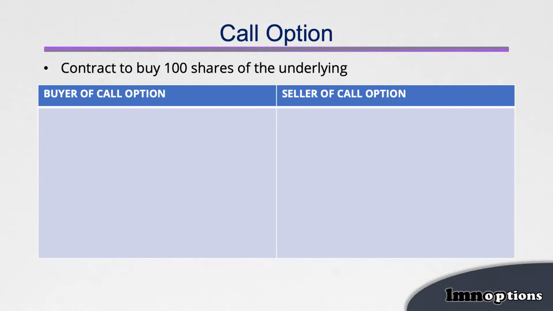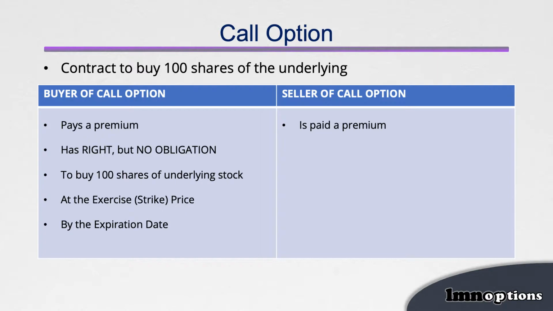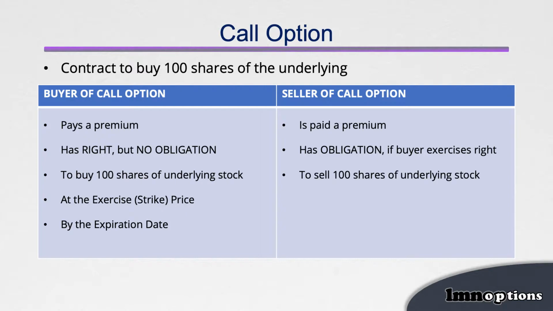The buyer of a call option pays a premium and has the right, but not the obligation, to buy 100 shares of the underlying stock at the exercise price by the expiration date. The seller of the call option received the premium and therefore has the obligation, if the buyer exercises the right, to sell 100 shares of the underlying stock at the exercise price by the expiration date.